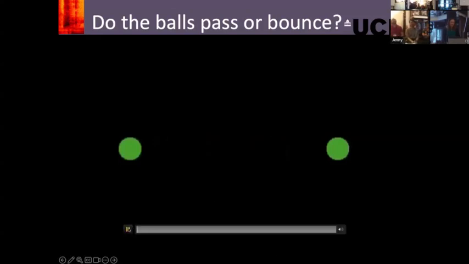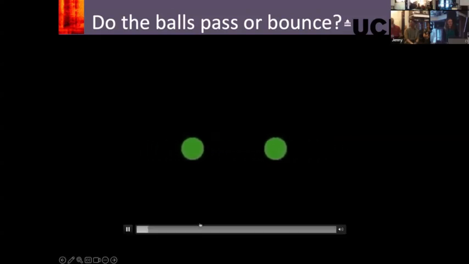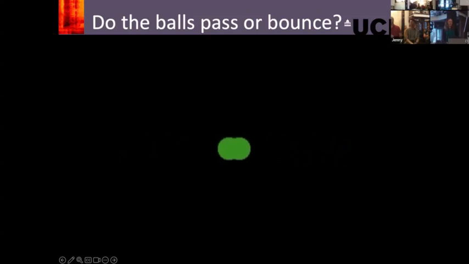Let's look at another example. So here, and again, I'm afraid if you're watching this on Zoom, if it's messed with the audio and visual latencies, you may not get to enjoy this particular pleasure.